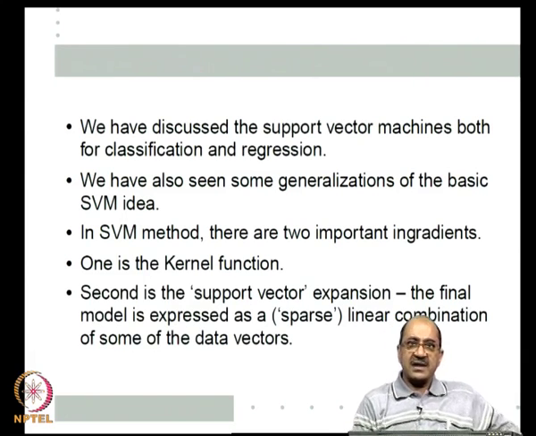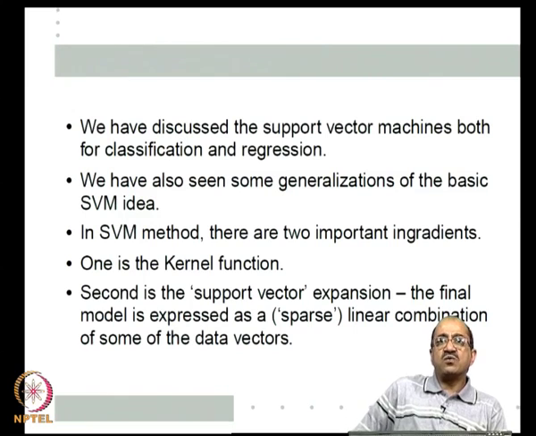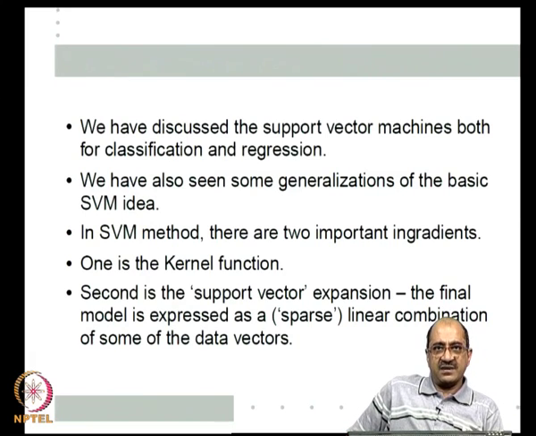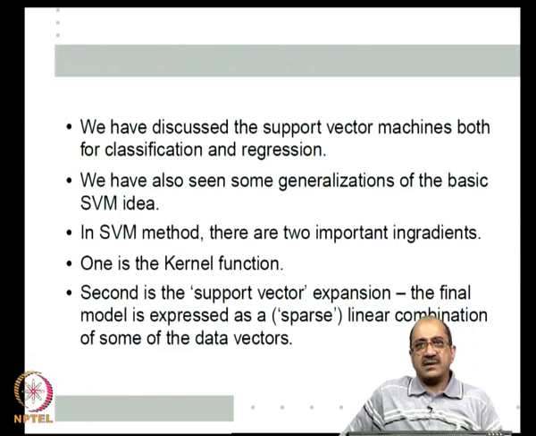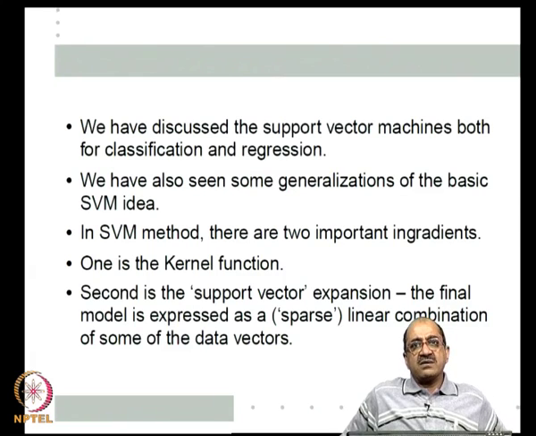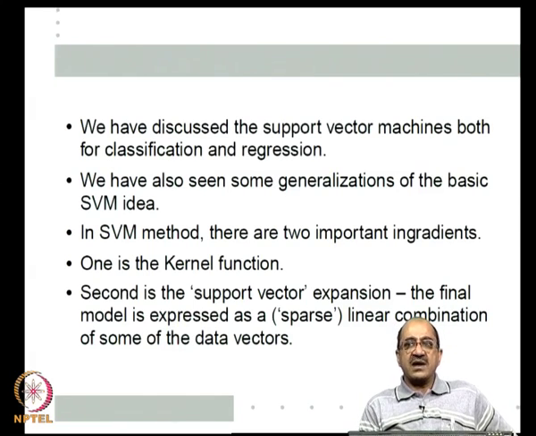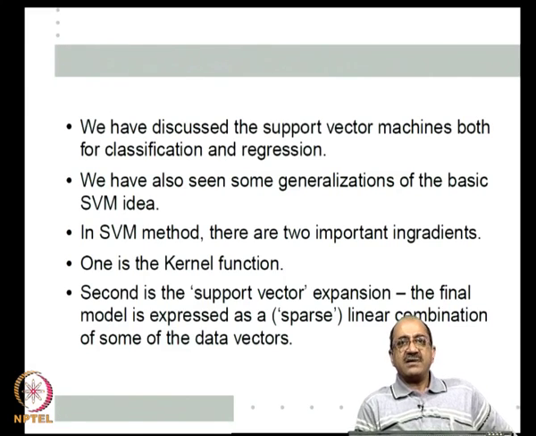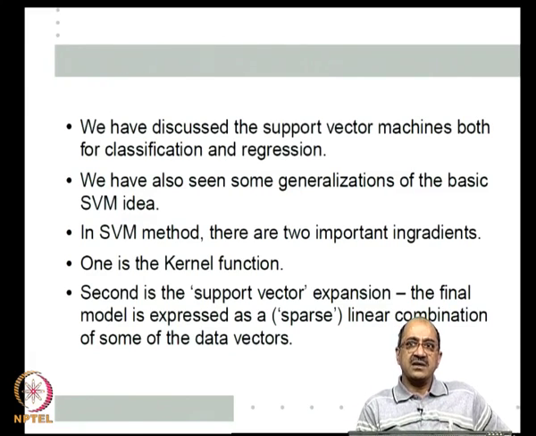If I look at all the SVM type ideas, kernels are one important idea. An equally important idea, which is what allowed us to use the kernel idea in the first place, is that the final function admits a representation in terms of kernel functions. In the SVM, the final W is a linear combination of data vectors, and hence the discriminant function can be expressed as a linear combination of kernel function values.